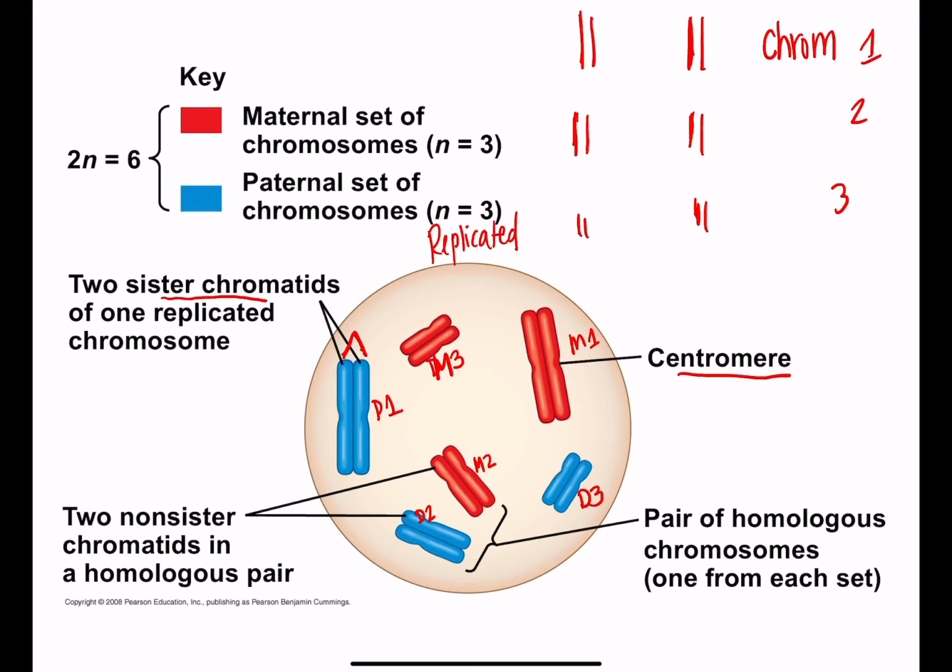And then when they pair up, that pair from mom and that pair from dad, those are referred to as a homologous pair, one from each parent, okay? Sometimes this homologous pair idea and this idea from mom and dad are a little bit confusing because this is in our gametes, right?